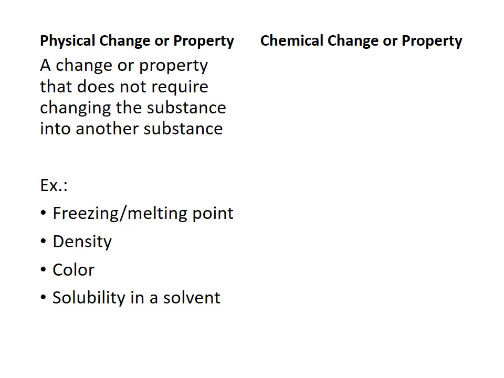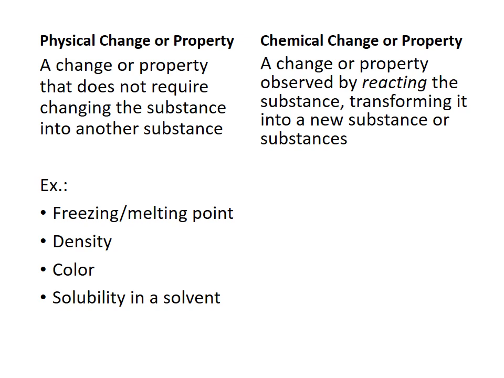Now, by contrast, chemical changes or properties cannot be observed without reacting the substance. You transform a substance into a new substance or substances to take advantage of chemical changes or properties. There's something inherently transformative, to use a word I've used a bunch, about chemical changes and properties.